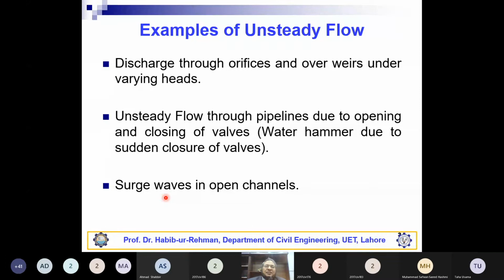That causes positive and negative pressures for a short length of the pipe, and that is called water hammer. So it produces a very high dynamic pressure, and its waves travel, forward wave and backward wave, unless it is damped. So that is called water hammer.